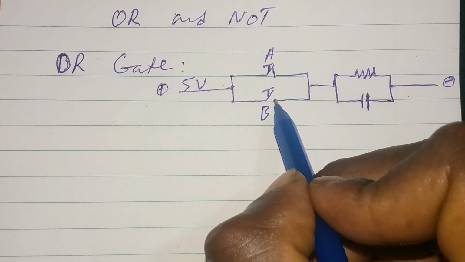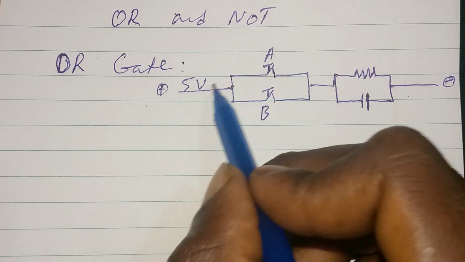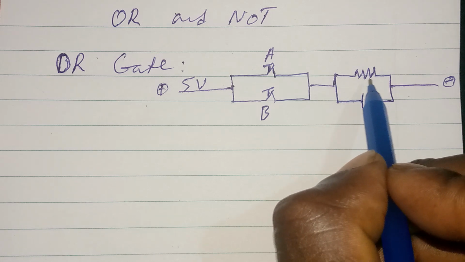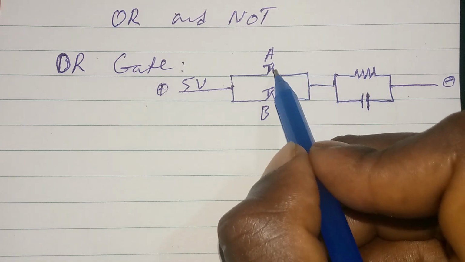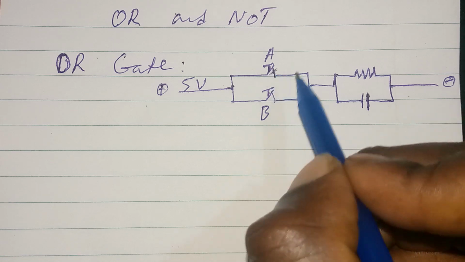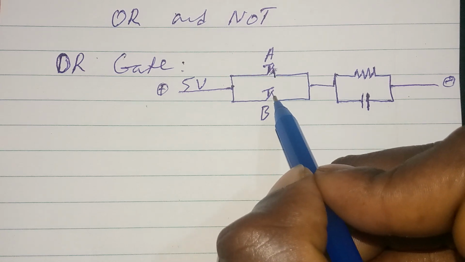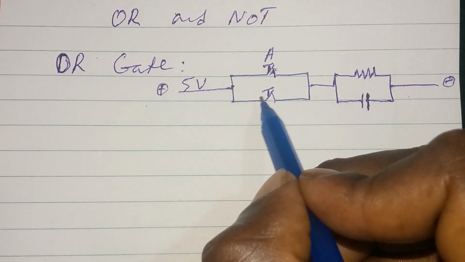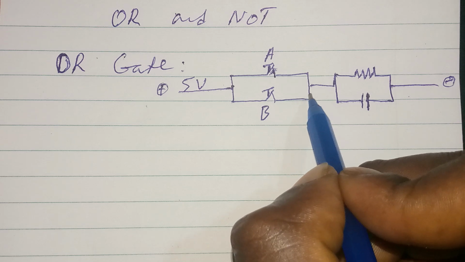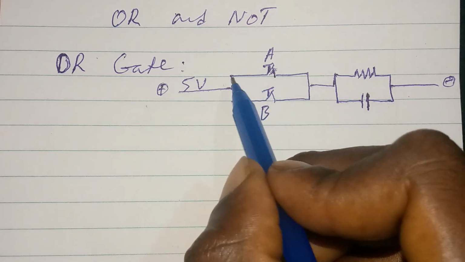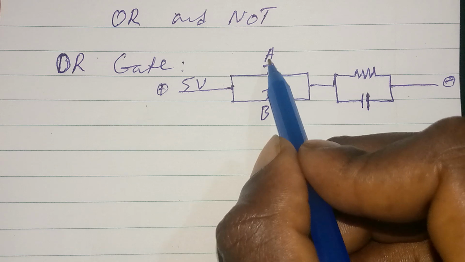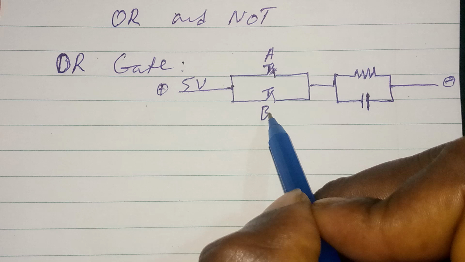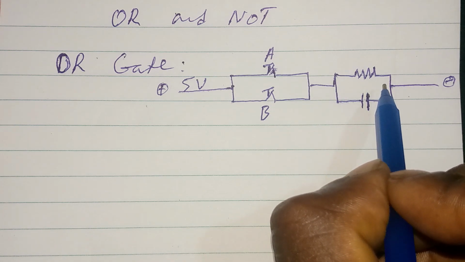If we also close switch A here, still the power will pass through switch B and also power the circuit. But if we open switch A, remaining switch B closed, the power will still pass through switch B to power the circuit, but it will not pass through switch A. So either of these switches will power the circuit.